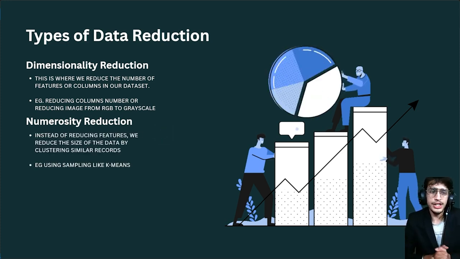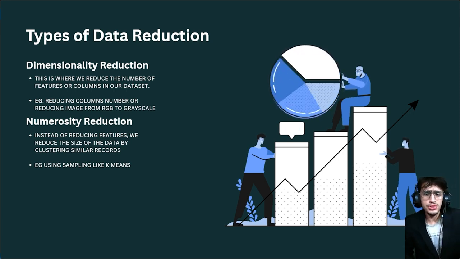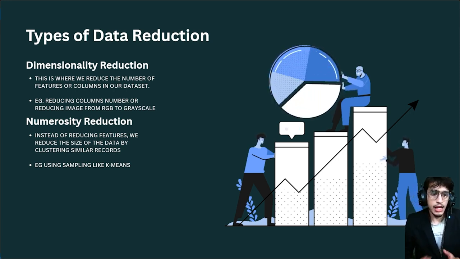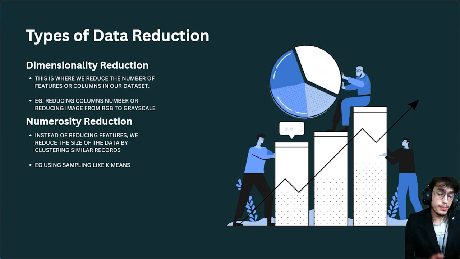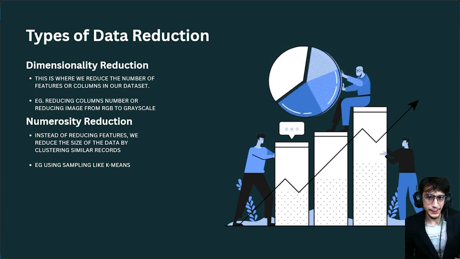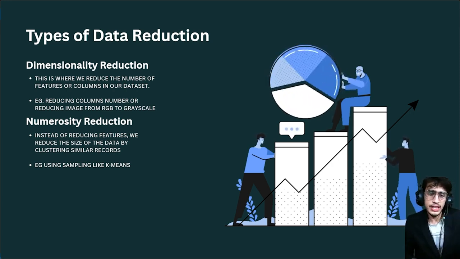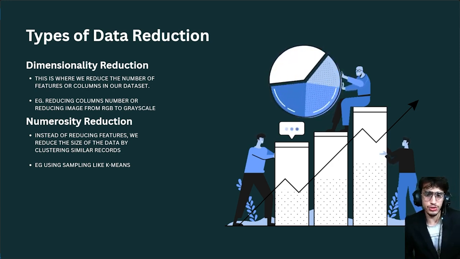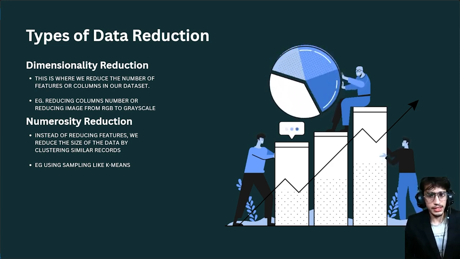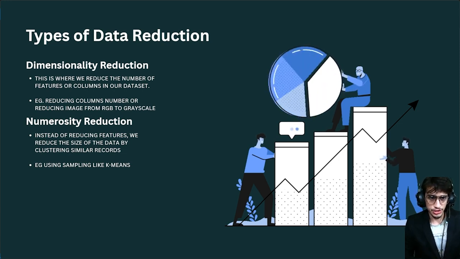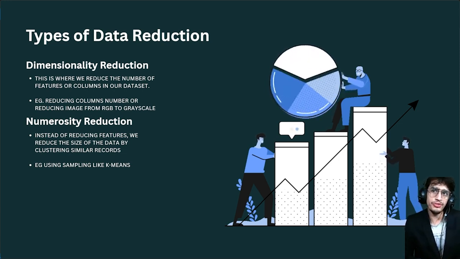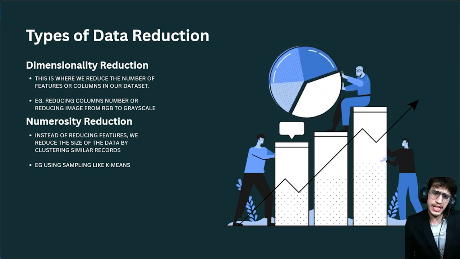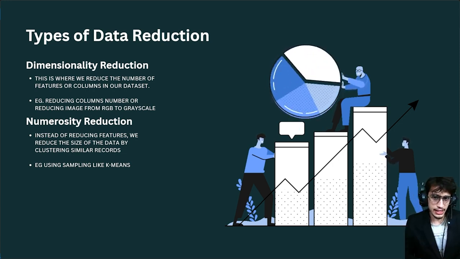Numerosity reduction. In numerosity reduction, we don't reduce the features, but we reduce the number of rows, or quantity. Like we have several rows in our data set, like the housing data set, but they are all duplicates of each other. So we can reduce those. Or there are data sets where some rows have all the features in common.